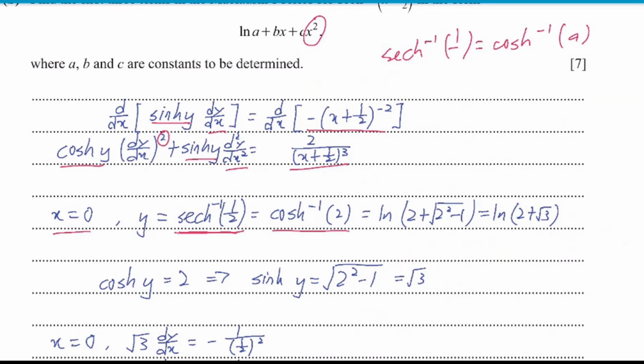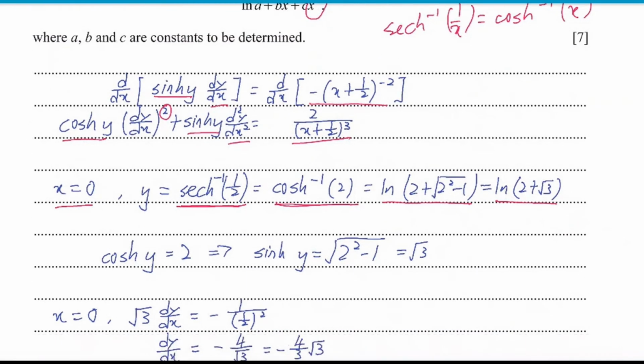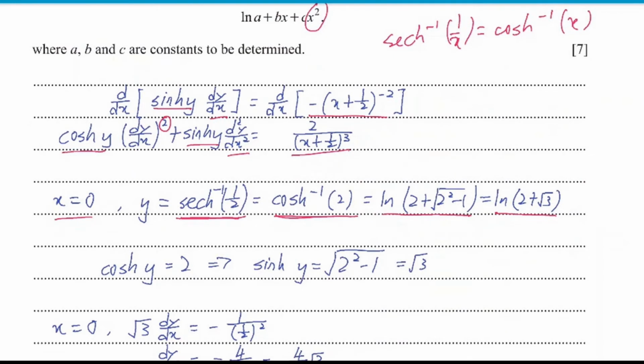Maybe I should use x, then you understand in this way. So it's to find the arccos of the 2, and we need to use the formula of the inverse of cos to find that.